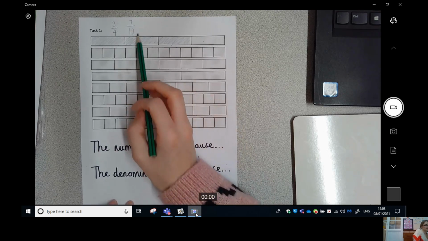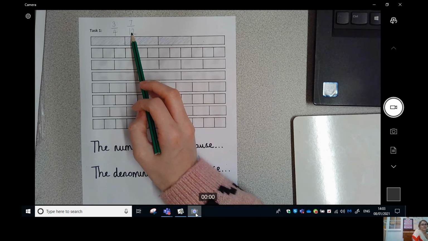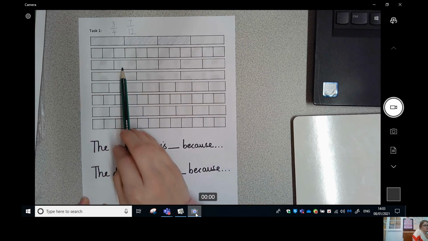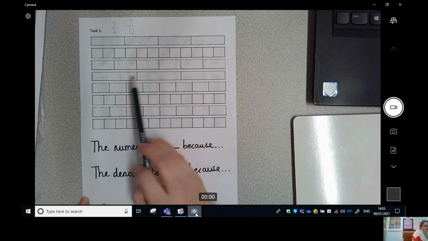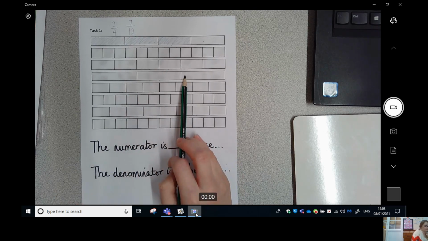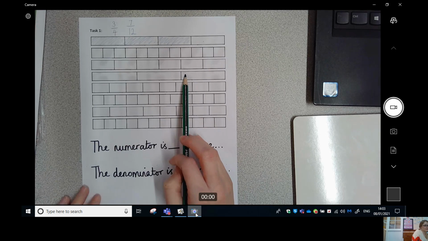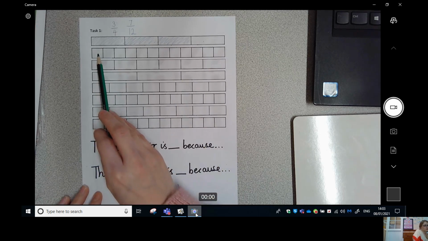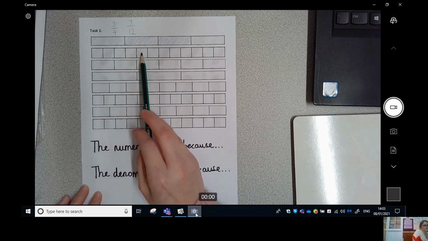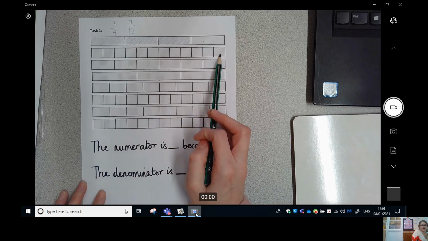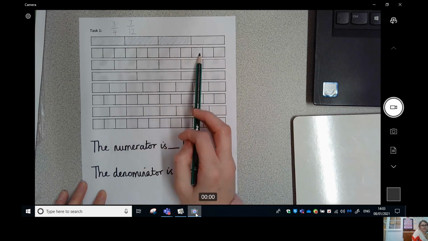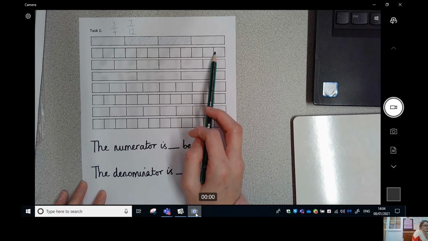So the first thing I need to do is identify a bar which has 12 equal parts, because that is my denominator. 1, 2, 3, 4, 5, 6. It's not going to be that one. 1, 2, 3. It's definitely not that one because that's got 3 parts. Let's check this one. 1, 2, 3, 4, 5, 6, 7, 8, 9, 10, 11, 12. Fantastic. So there are 12 parts, so I can use this bar to represent 7/12.